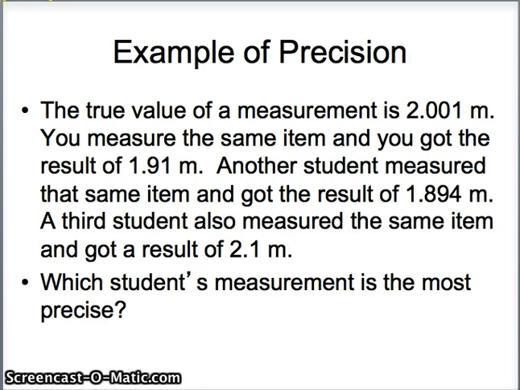Now in the same example, except you have a third student measuring the same item and getting 2.1 meters. Which of these students is now more precise? Remember, the previous question was accuracy. This is now precision. Take a moment, think about it, take a pause, see what happens.